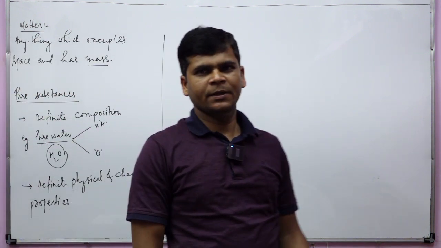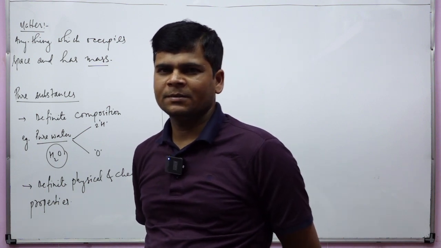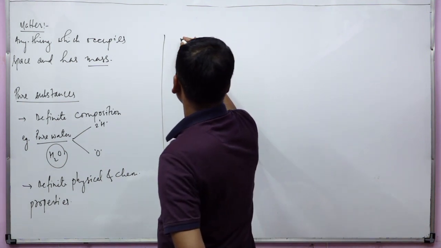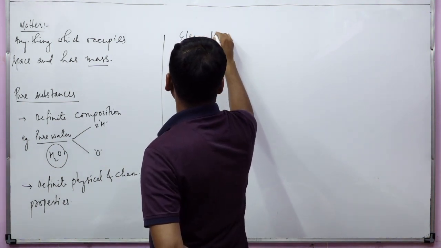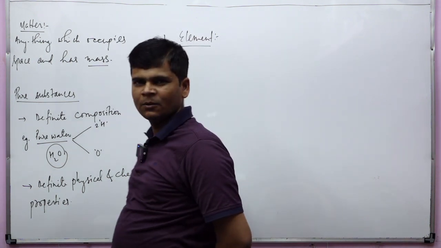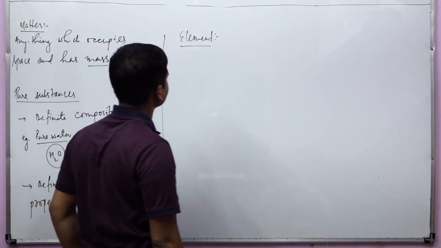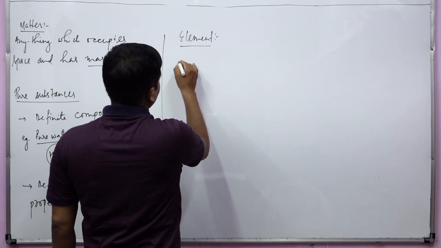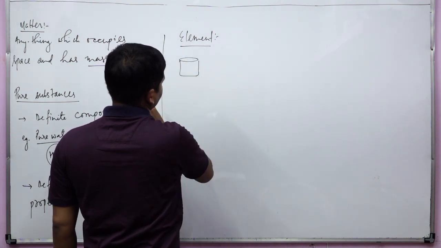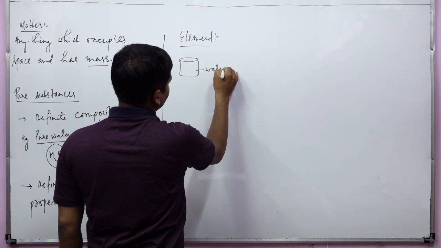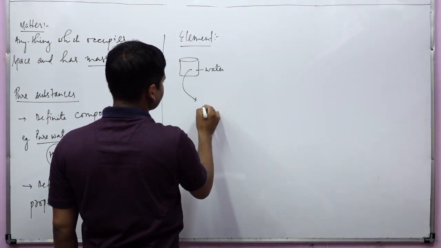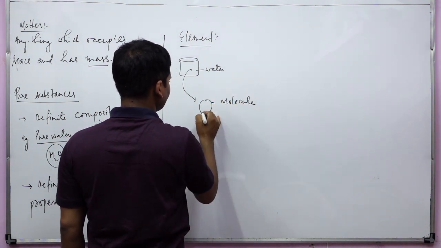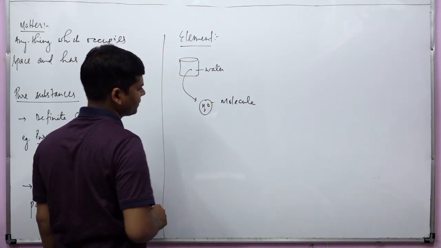Now, we came across that a pure substance can be an element or a compound. We will start our discussion first about an element. What is an element? For example, I told you that a pure substance, let us say we have taken water, and water, the smallest independent substance, that is a molecule, and this molecule is actually H2O.